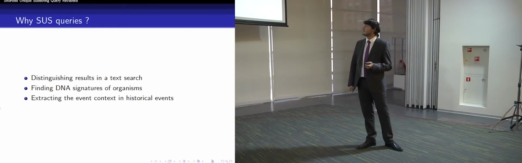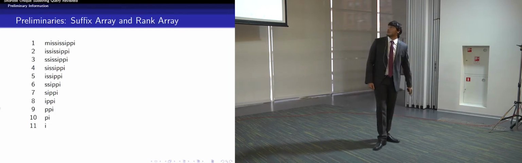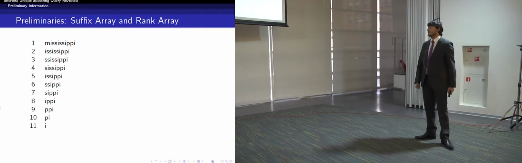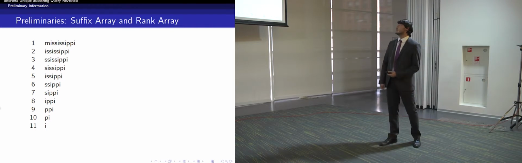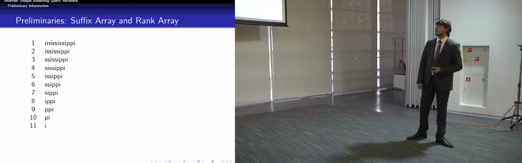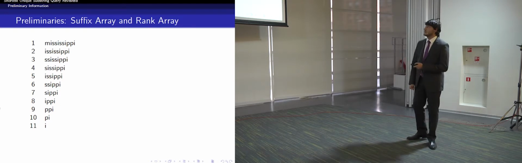Okay, let's go to the preliminary data structures. These are very well-known data structures, suffix array and rank array. I'm sure everybody in here knows that, but I will tell them for the sake of simplicity.